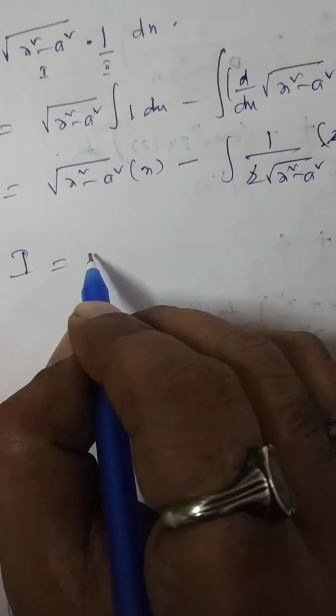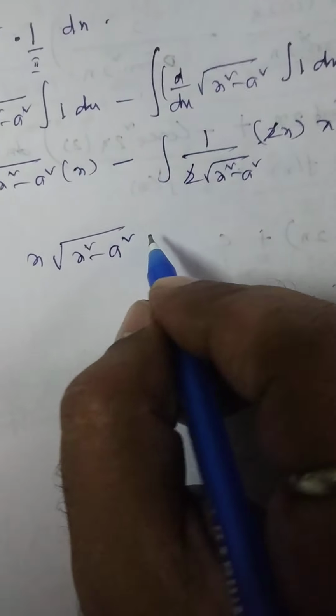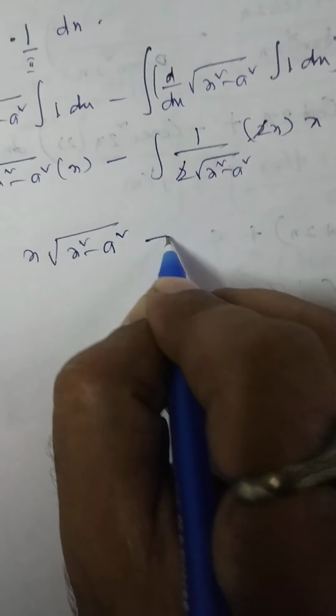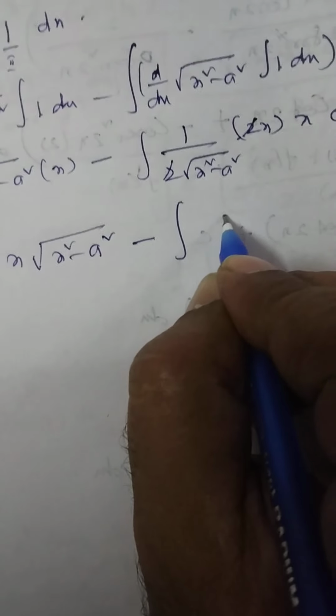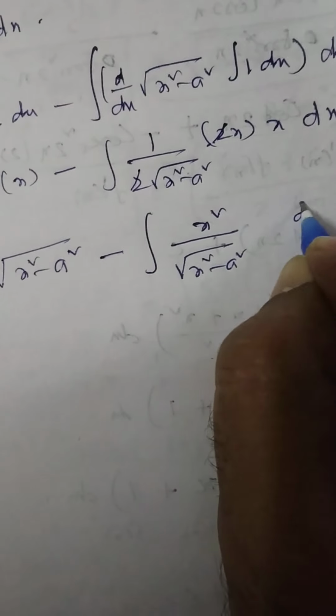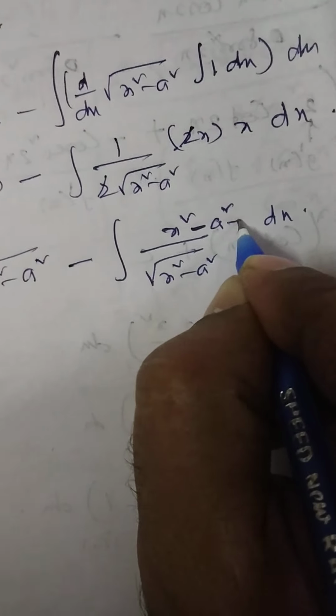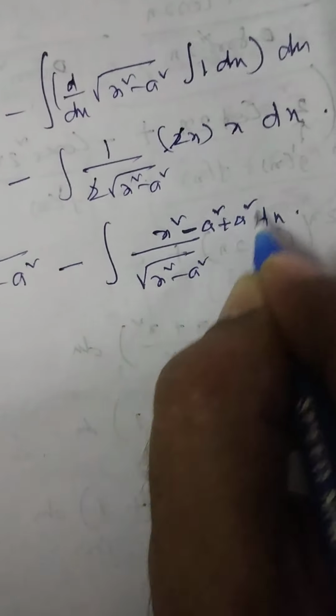Okay, so I is equal to x into root of x square minus a square minus integration of x square by root of x square minus a square dx is left. So here what I am going to do is adding and subtracting a square here. This part we have to do.